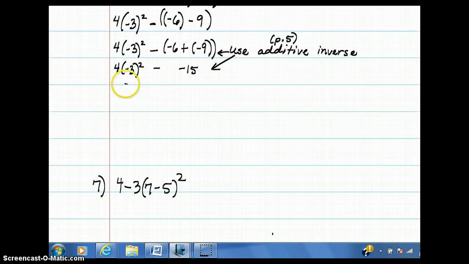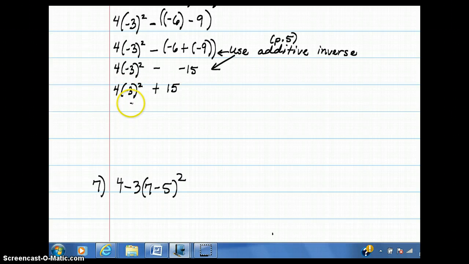Okay, so using the additive inverse, the subtraction becomes addition, -15 becomes +15. Bring down your 4 times -3 to the second power. Now, you are left with multiplication, powers, and addition. Decide what you're going to do next based on page 9.